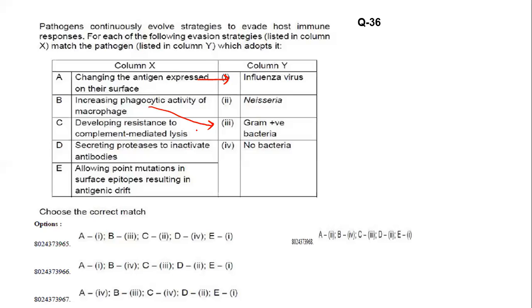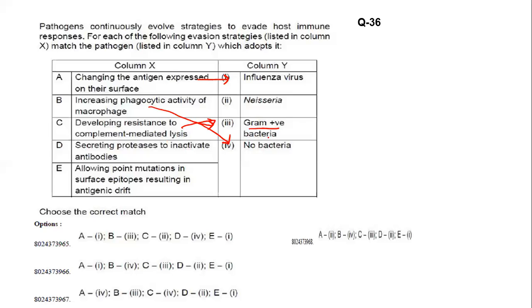And C is developing resistance to complement mediated lysis. In case of B, you can see that B will be increasing phagocytic activity by macrophages, Mycobacteria. And C will be the gram positive bacteria developing resistance to complement mediated lysis.